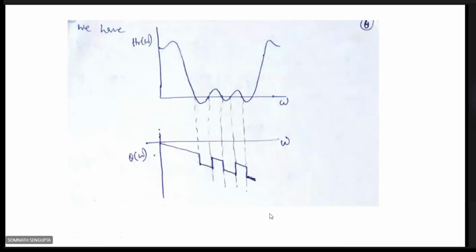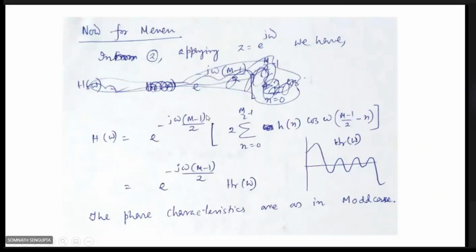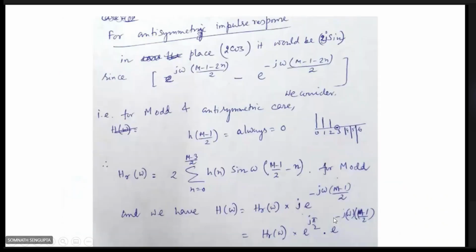So now for m even, the plot is slightly different. This kind of graph. So when m is even, there are many possible characteristics.